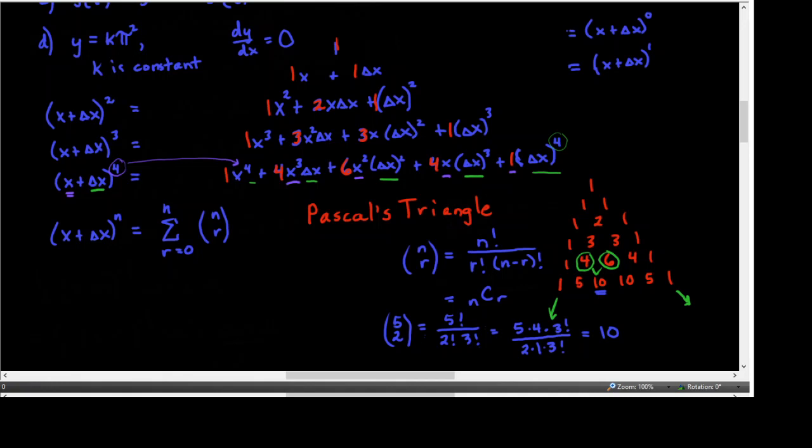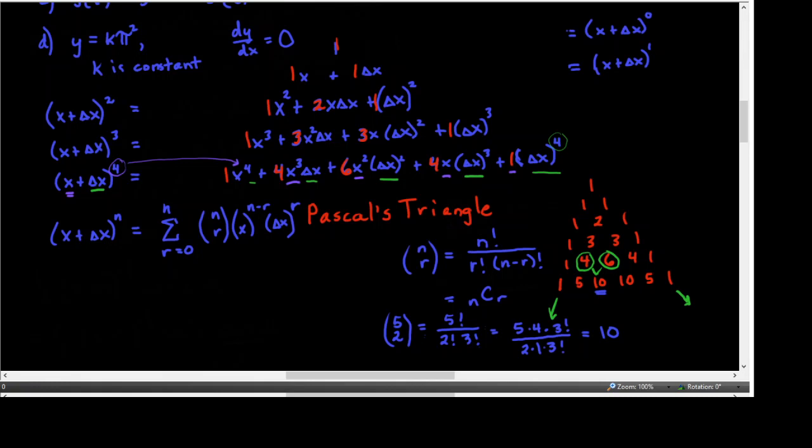Anyway, after you do that, you take the first item and raise it to the n minus r, and the second item is raised to the r power. And that summation of all of those terms gives you the expansion of x plus delta x to the nth power.